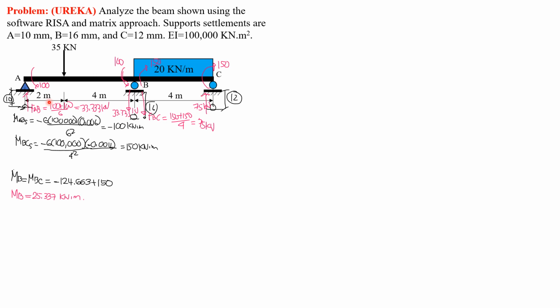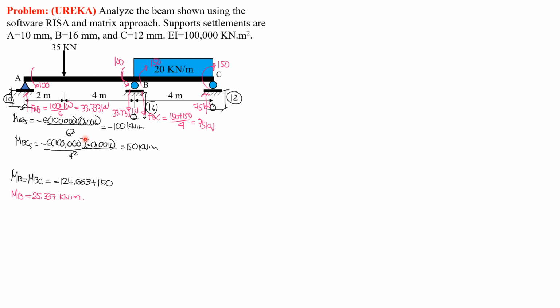From matrix approach, we have to compute the sideway moments alone. The reactions due to the load will be automatically generated by the software. I just want to add the effect of these sideway moments.